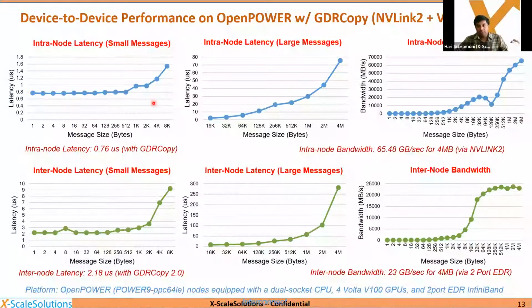All of the logic as to which of the 16 different paths to take from device on one node to device on a different node is taken care of by the underlying runtime, so that you as an application developer don't have to worry about the complexities of the underlying hardware architecture. The middleware takes care of it. So you just say send and receive, and the middleware takes care of taking the appropriate path from the sender to the receiver end.